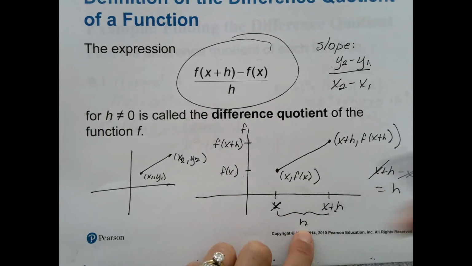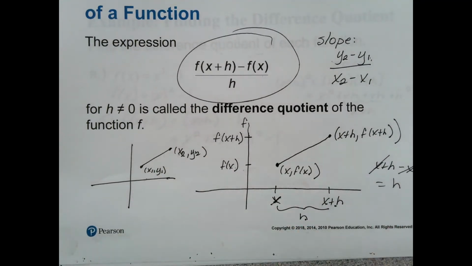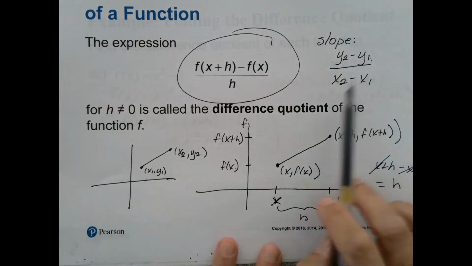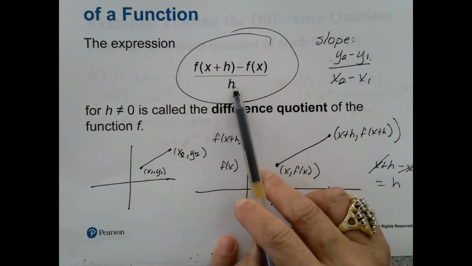And the reason for this notation really has to do with some pre-cal and some calculus stuff, because we're going to let h basically go down to 0. And so it's about saying, what if I just change x very minimally, almost by nothing? And so that's to come. That's why this notation is like it is. But the h is really just the distance between the two x's. So that's why there's just an h down there.